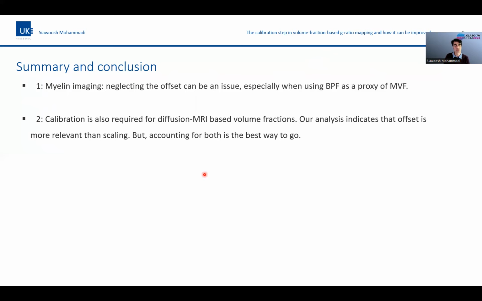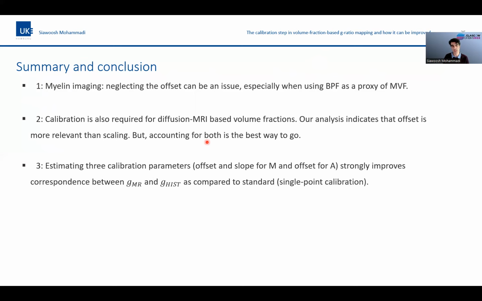The second point, we also should account for calibration constants when using diffusion MRI-based volume fractions. And here, especially the offset is important, but accounting for offset and scaling is the best way to go. And third, we have 3 calibration parameters introduced, and that works better than using only 1 calibration parameter.